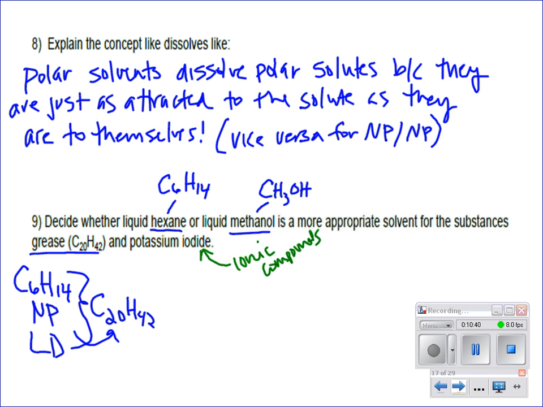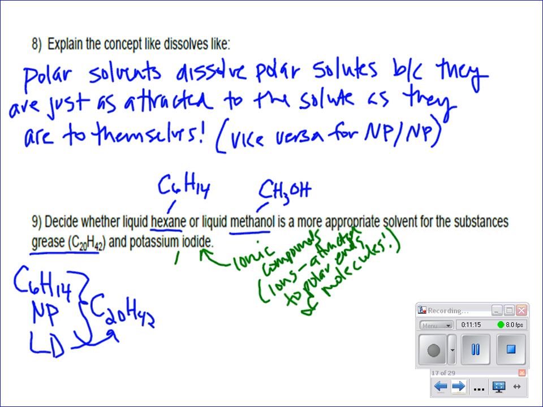So ionic compounds, because they have ions, the ions are attracted to polar ends of molecules. So water will go in there and wiggle in between a lattice, and it'll break the lattice and create ions. That's why salt dissolves. Well, soluble salts at least. And that only happens with the polar molecules. Nonpolar molecules don't have that positive negative end, so they can't wiggle in there and do the same thing.